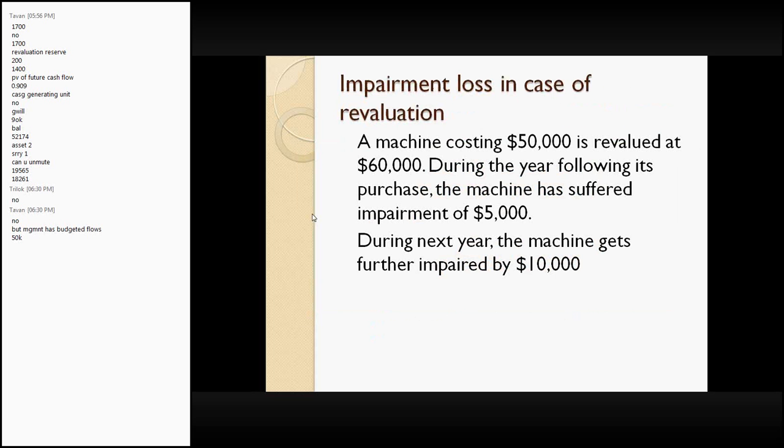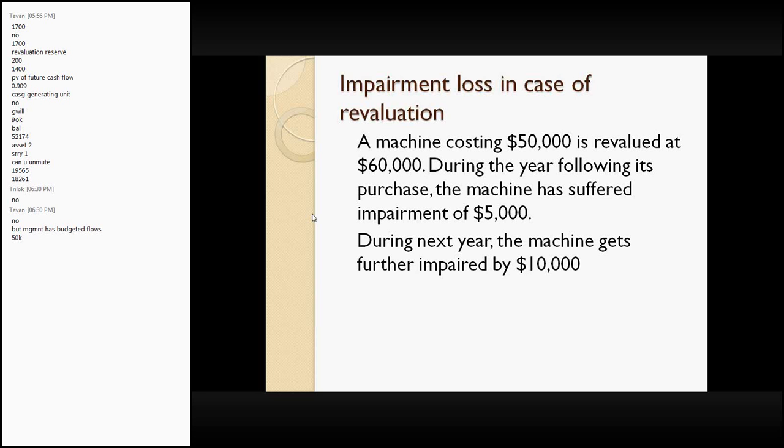Now, how is impairment loss treated in the case of revaluation? A machine costing 50,000 is revalued at 60,000. During the year following its purchase, the machine has suffered impairment of 5,000. During the next year, the machine gets further impaired by 10,000.